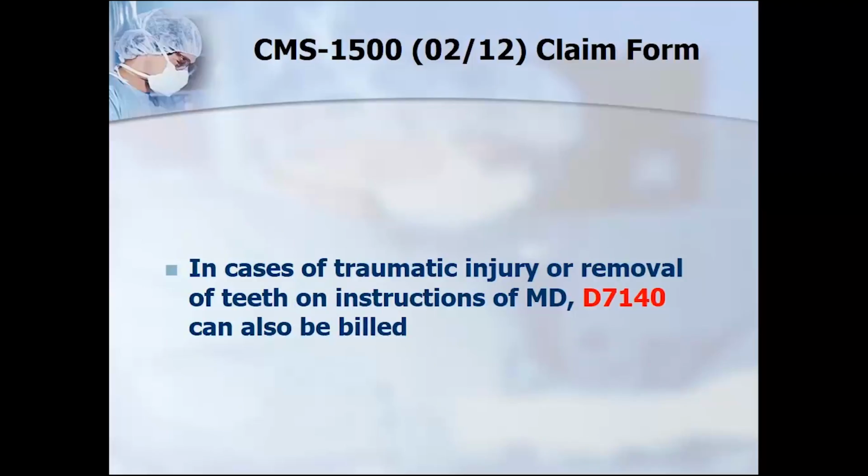In cases of traumatic injury or removal of teeth on the instruction of an MD, the simple surgical extraction code can also be billed, but that is not routinely covered.